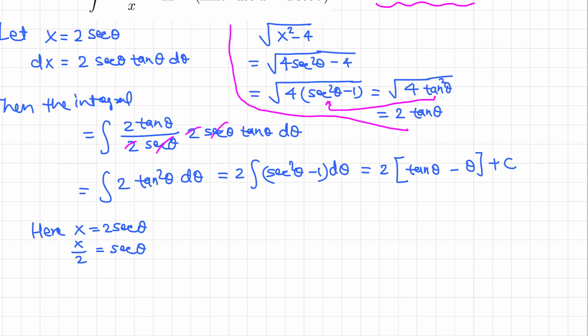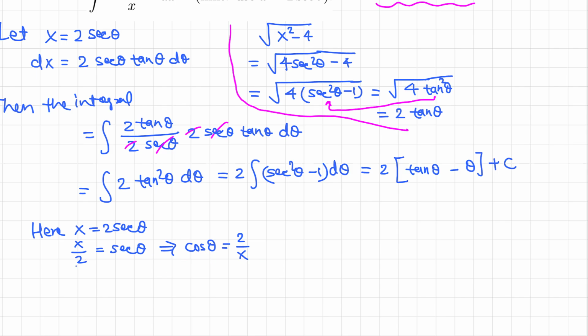We are more familiar with sine, cosine, tangent. Cosine is the reciprocal of secant. So if we flip this fraction, we get cosine theta equals 2 over x. Secant to cosine is just the reciprocal.